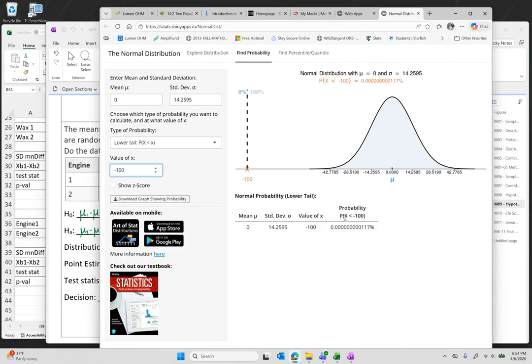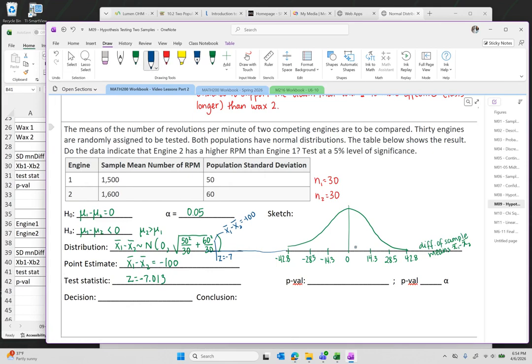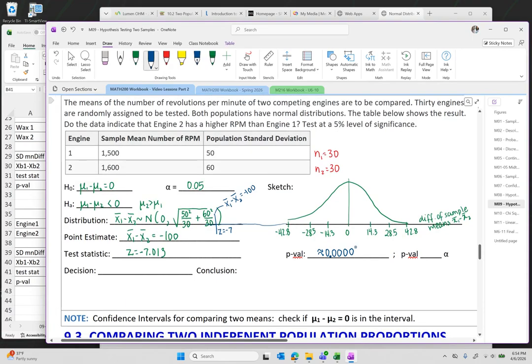The probability here that your value, or the difference between the two means, will be -100 is very small, approximately 0. That's your p-value. It is approximately 0.0000 if you want to round it to 4 decimal places.